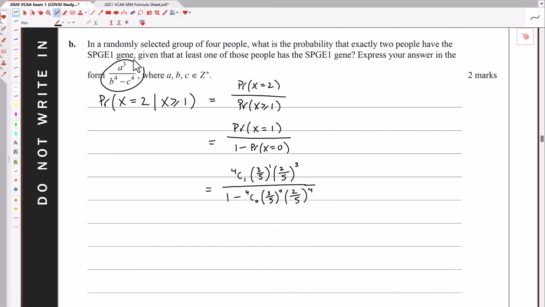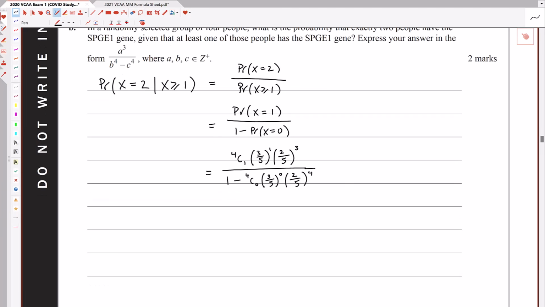What we want to think about is what we're aiming for in terms of the form of the answer. We want to leave our answer in terms of powers of numbers. So A, B, and C are positive integers, so positive whole numbers. We're going to have a positive whole number to the power of 3 on the numerator over a different whole number to the power of 4 minus a different whole number again to the power of 4. So as I simplify this, I'm going to leave things as powers rather than try and actually work out what 2 cubed is, etc.